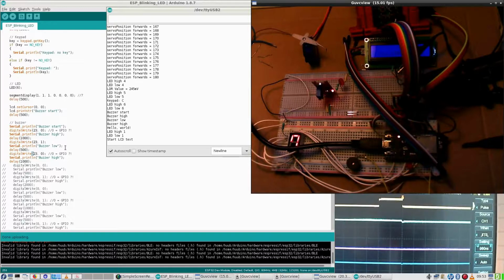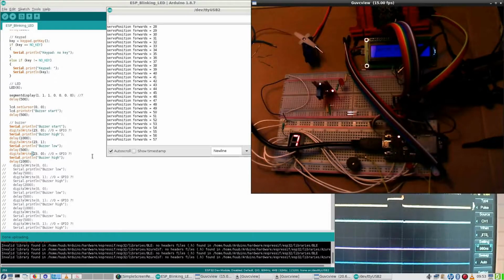So that indeed did work. So now I can actually do something with an SOS as I had in mind. But it does work, and that's the prime thing.